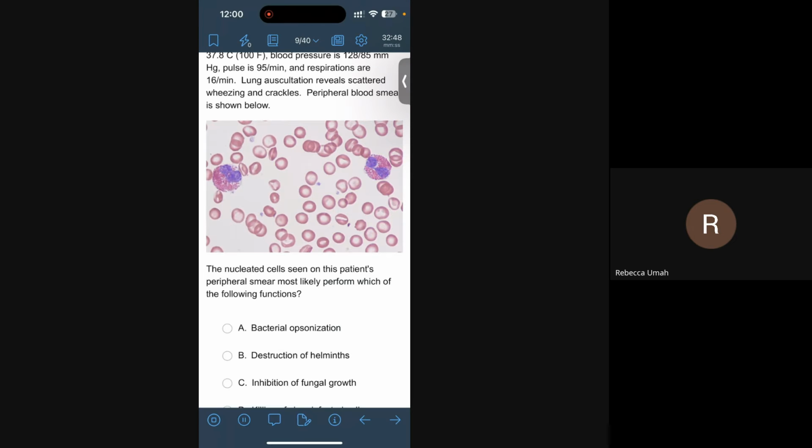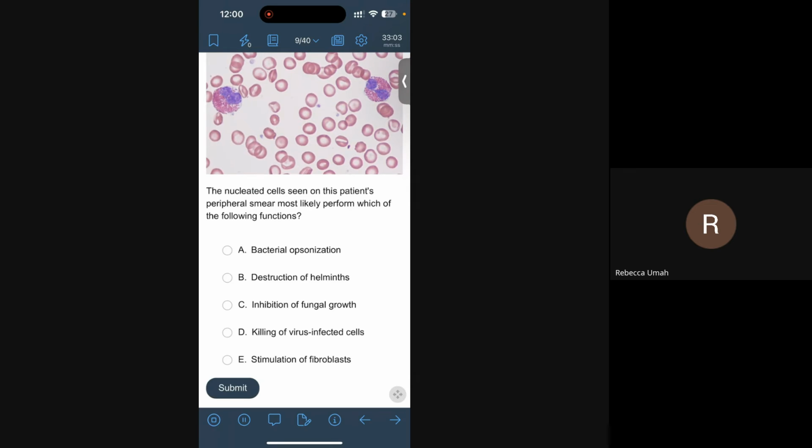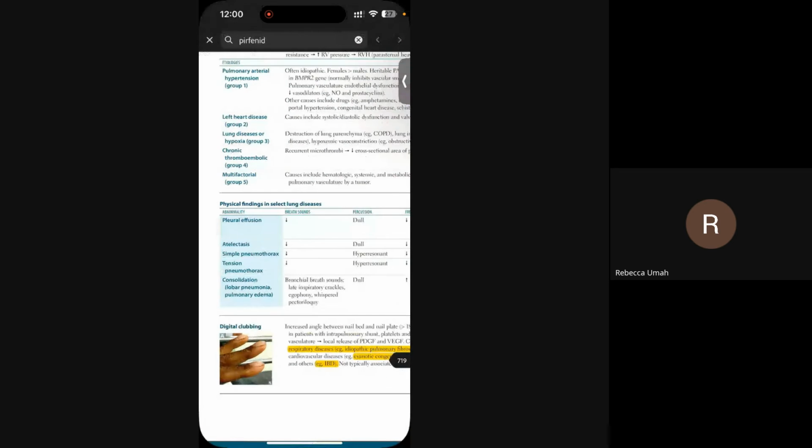In which granulocyte is there a bilobed nucleus? Eosinophil. Eosinophils have a bilobed nucleus. Now let me first see.